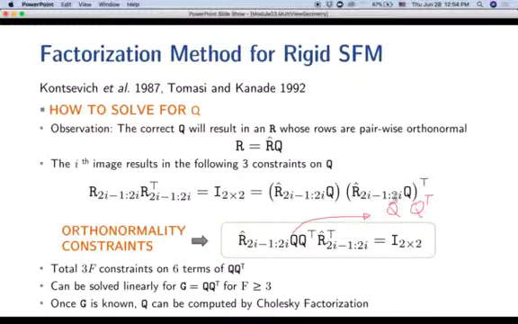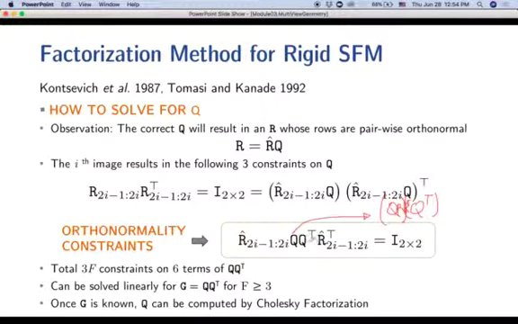If I have any other 3 by 3 rotation matrix R, I can insert R R transpose, which is identity, because the rotation matrix has its transpose as its inverse. Then Q times R becomes a Q prime, and R transpose Q transpose becomes Q prime transpose. And so that new Q prime will also be a valid solution to this constraint.